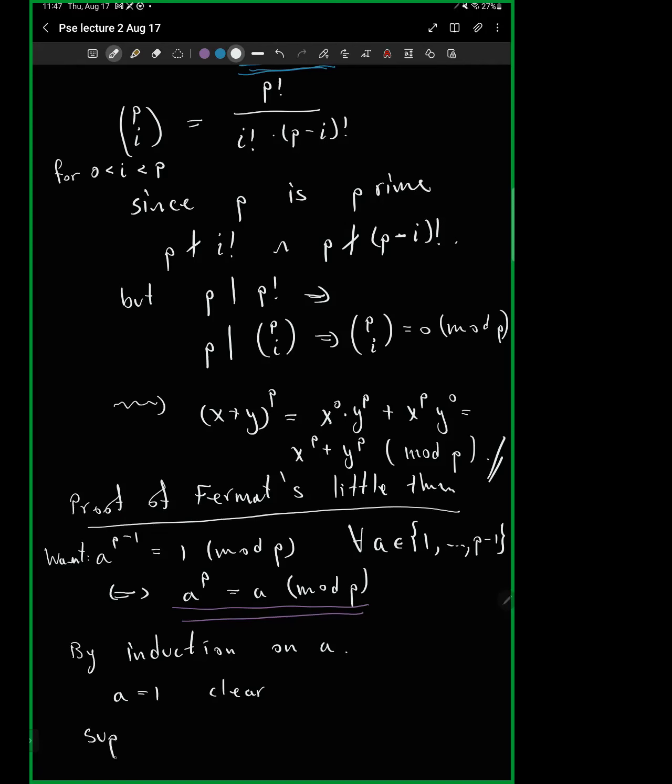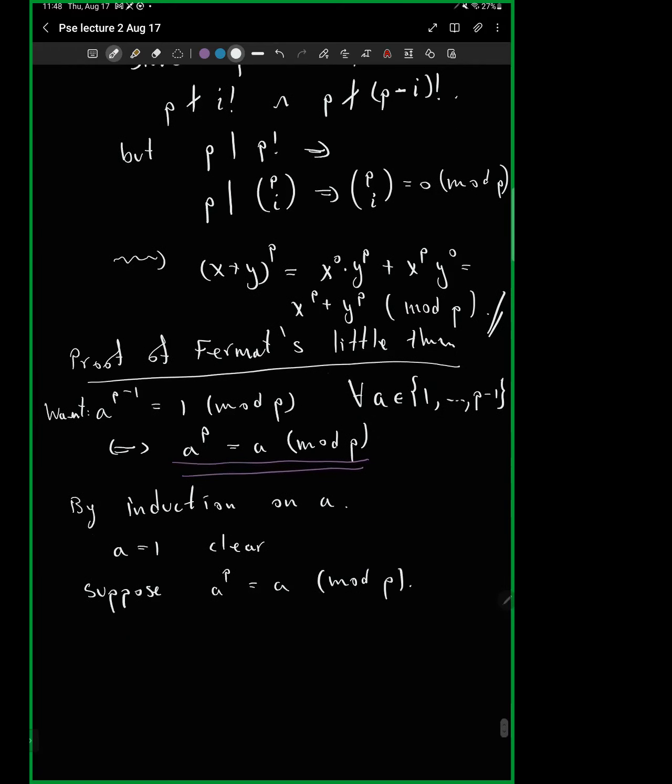So suppose a to the p is equal to a mod p. And now I want to prove it for a plus 1.